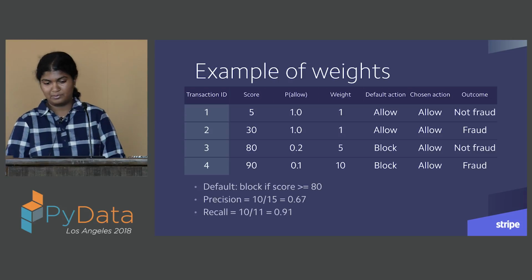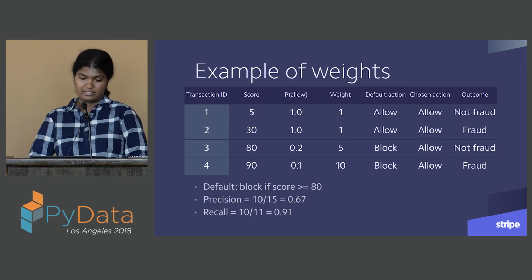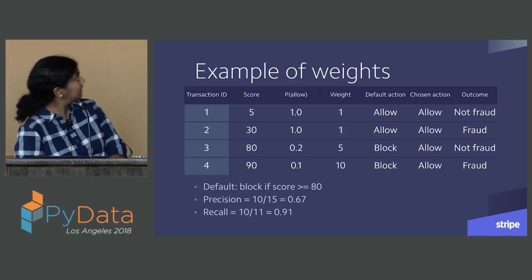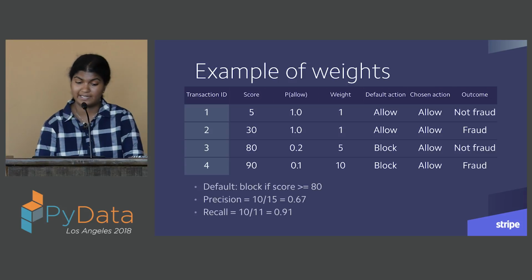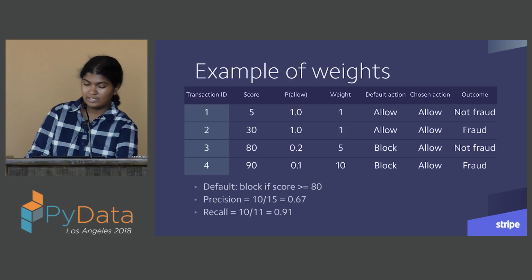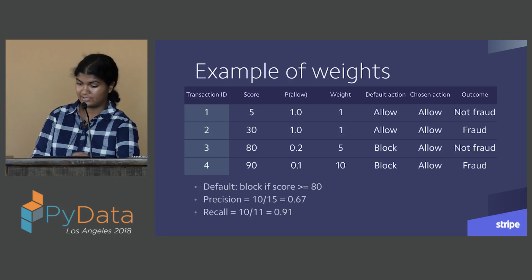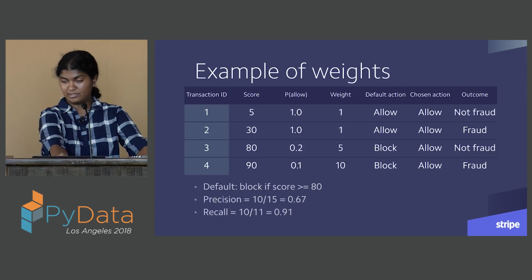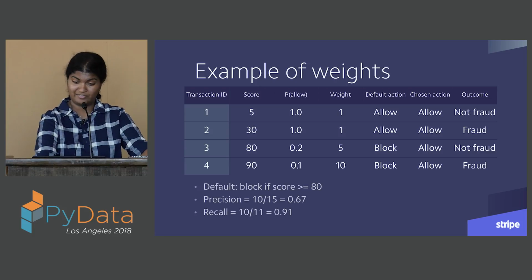And just as an example of how this looked, so let's say that our model had a default policy to block if the score was greater than or equal to 80. The two transactions that the model would have blocked, number 3 and 4, had scores of 80 and 90. And given the P(allow) for them, they have weights of 5 and 10.